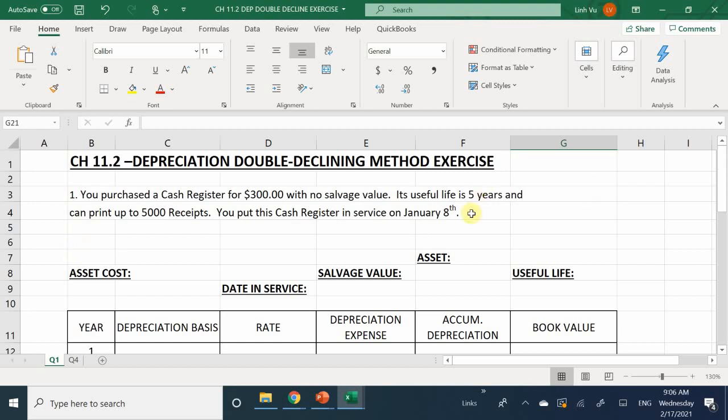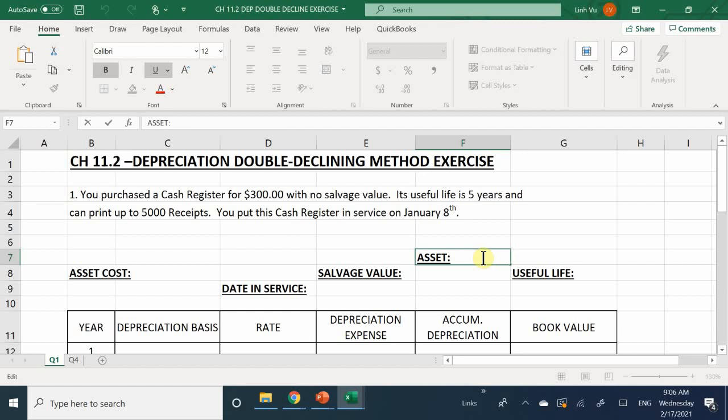So let's go ahead and fill in my blanks right here. What is my asset? Cash register. Good. What is the asset cost? 300.